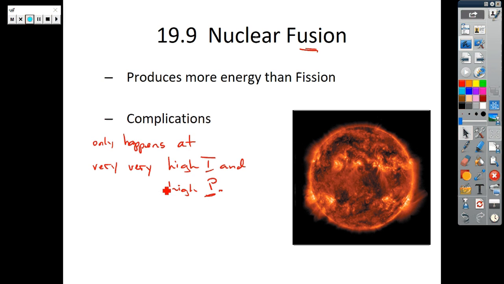So literally, even if we could get the reaction going, which right now we really can't, how are you going to house the reaction so that you can harness the energy from it safely? That's not something that we're really able to do right now.